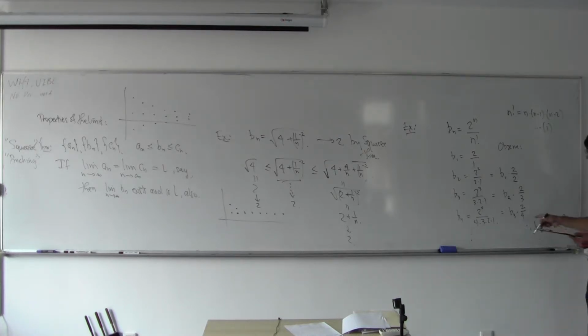So past n equals 4, b sub n is smaller than b sub n minus 1 times 1/2.